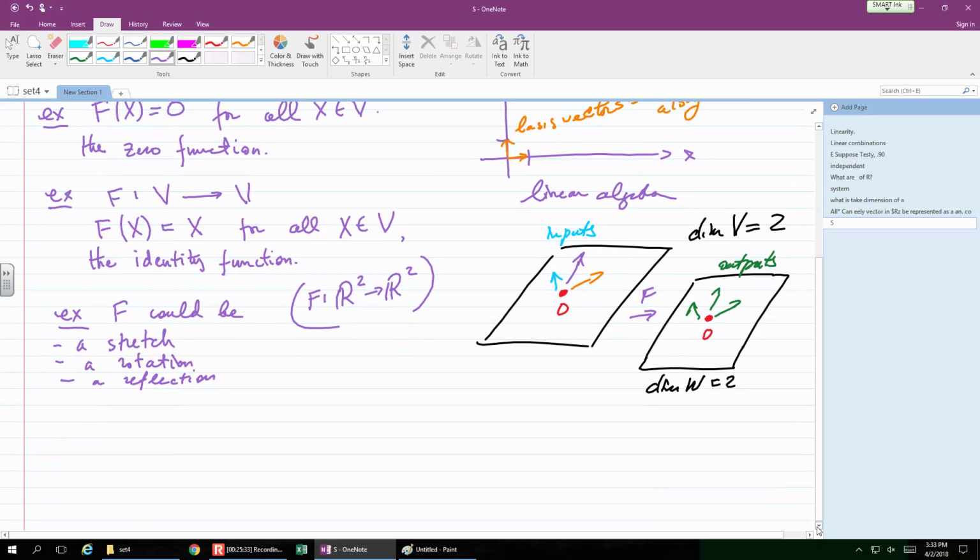So these are three main examples. It actually can be demonstrated there is nothing but these three combined together. Whatever linear transformation we have, it will be a composition of these. But before we get to that, we have to decide what a linear function is. So what is a linear function?